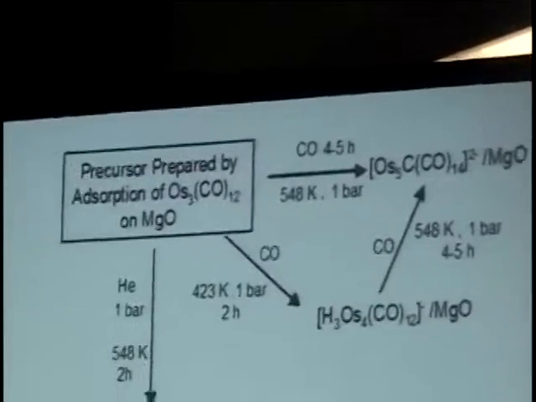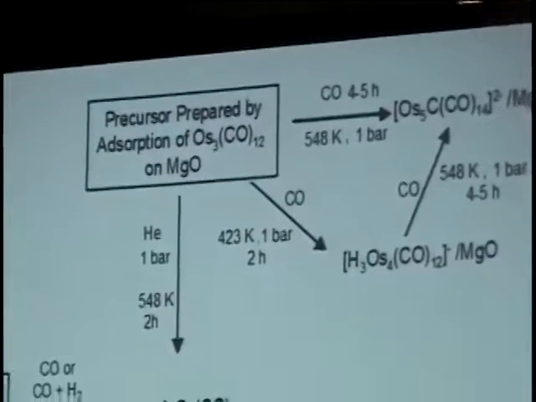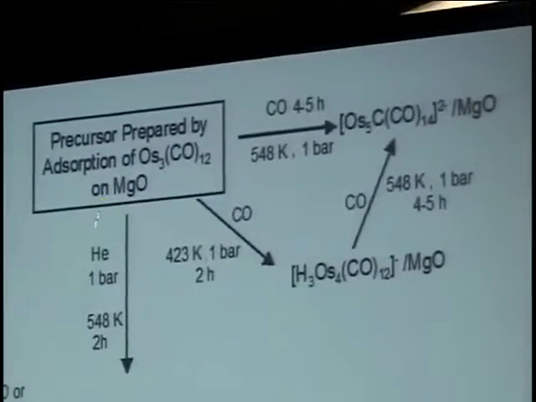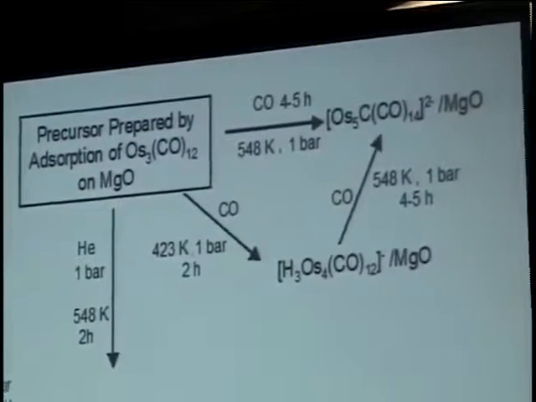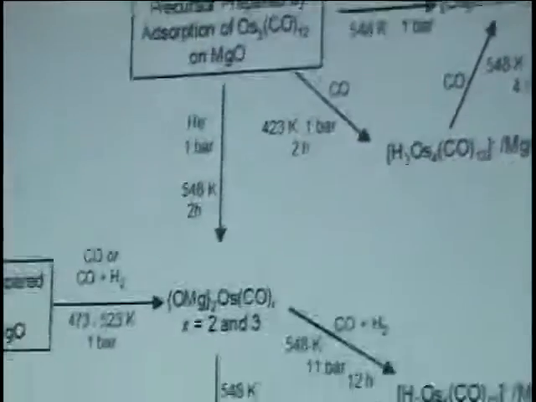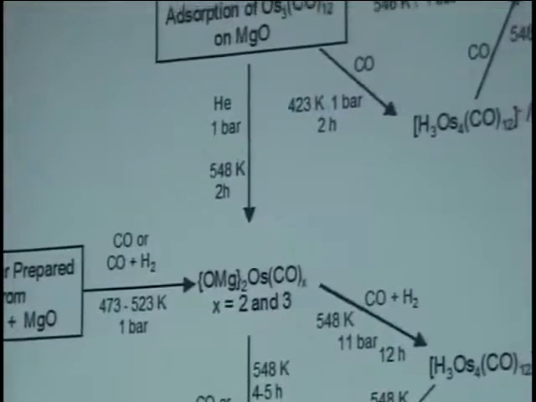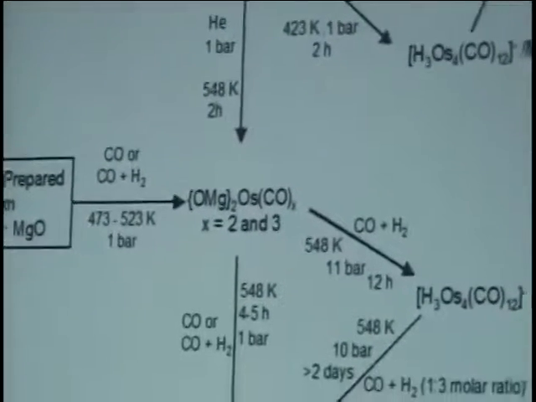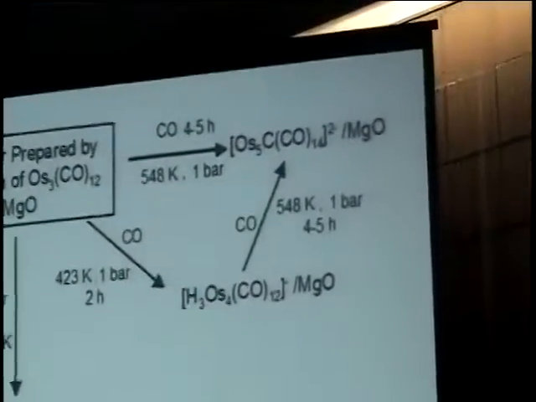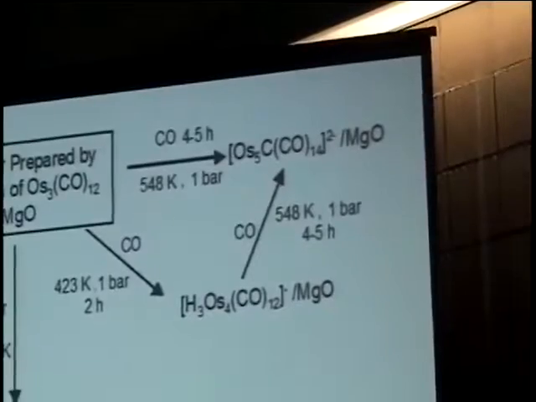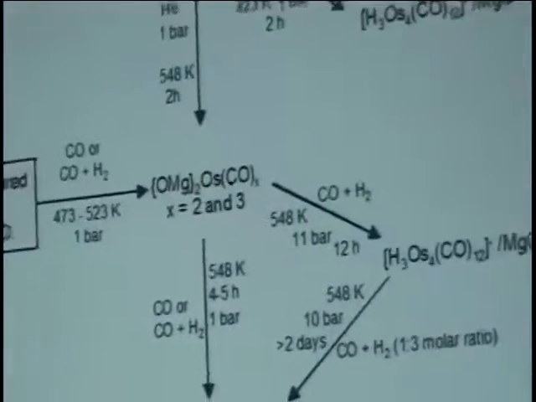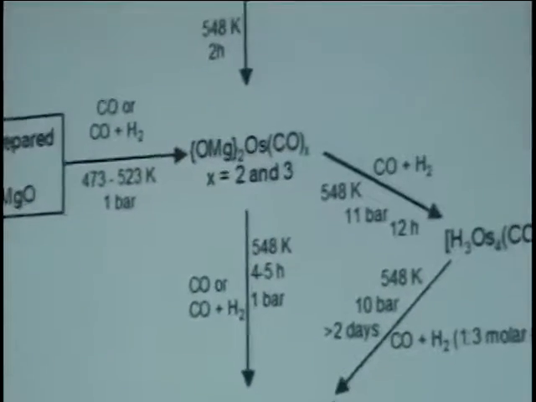So if it's adsorbed, or something that forms from it, which we'll talk about in a minute, on MgO and treated even under fairly mild, oxidative conditions, you do the same thing by exposing it to air, but it's the hydroxyl groups on the MgO that are the oxidizing agents that oxidatively fragment the cluster carbonyl to give a mononuclear, that is a single metal atom, osmium carbonyl. So keep this in mind: this is a single metal atom with a couple of carbonyl ligands bonded to it.